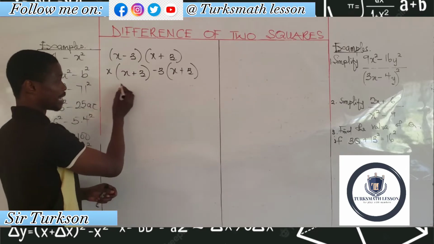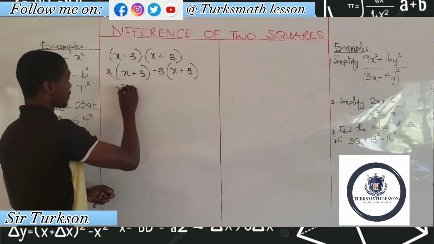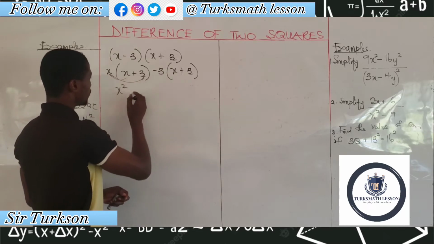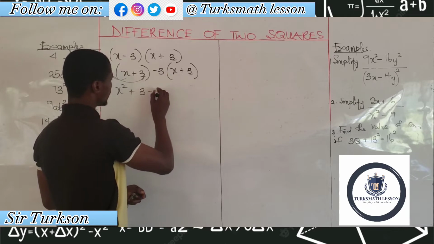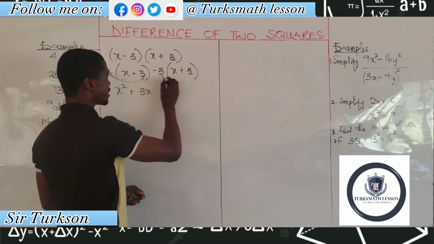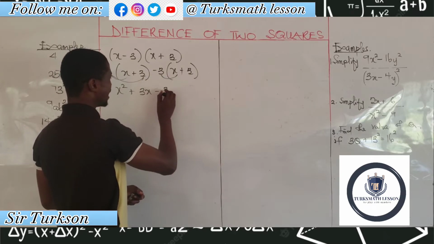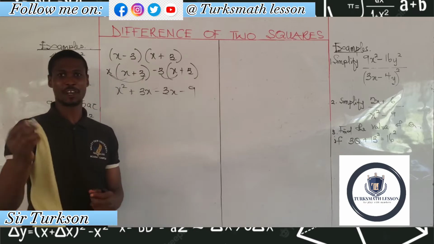Now let's multiply together: x squared plus 3x minus 3x minus 9. Very good. Clap for yourselves.